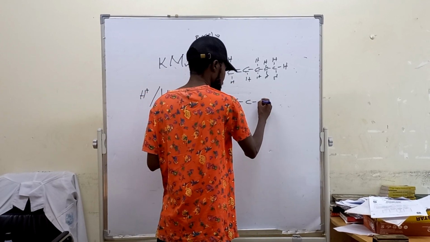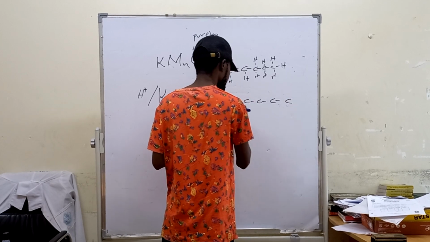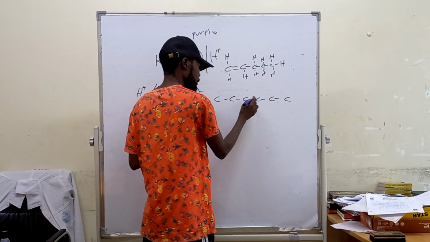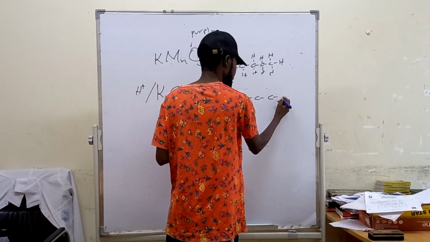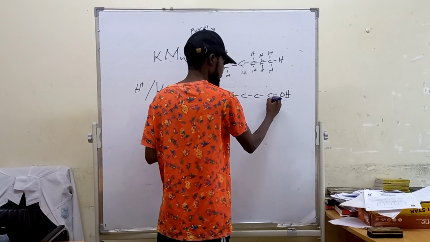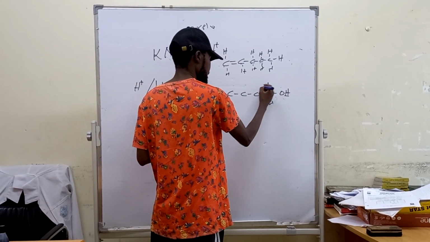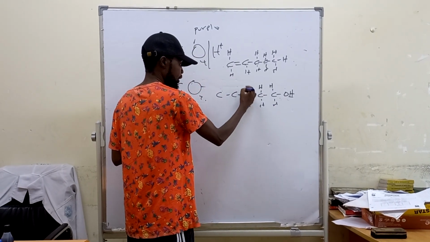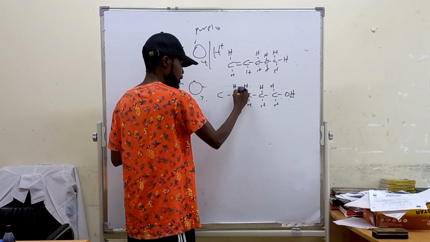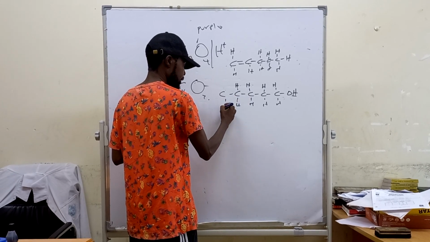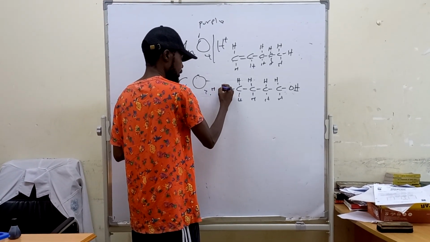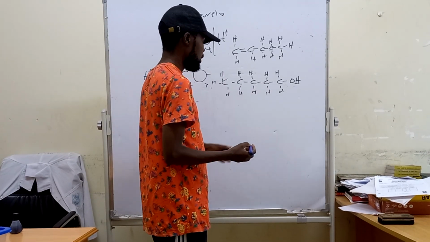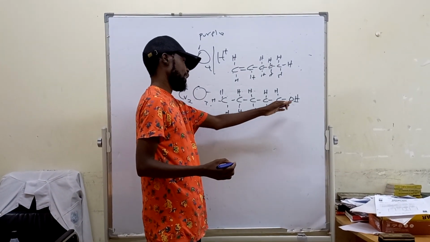This is pentane, also a liquid, 1, 2, 3, 4, 5. So the OH is here. Hydrogen, hydrogen, hydrogen, hydrogen, hydrogen, hydrogen. So these are two organic compounds. This one is pentan-1-ol, a pentanol.